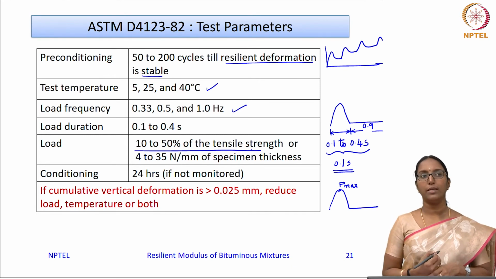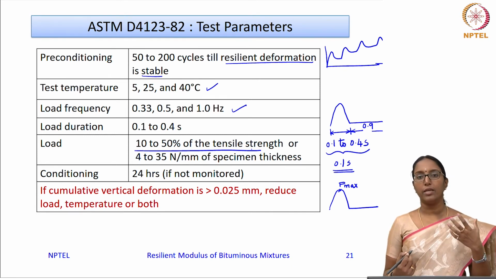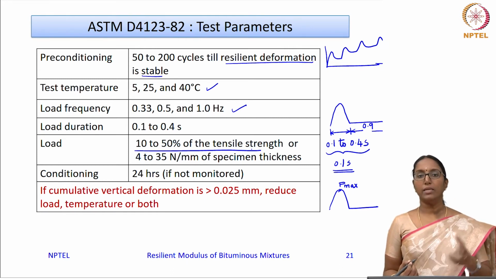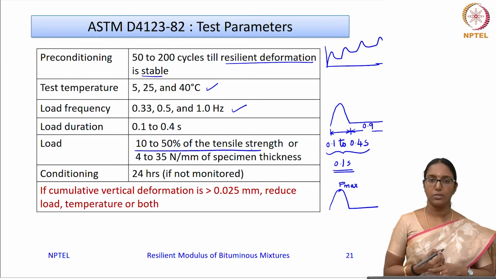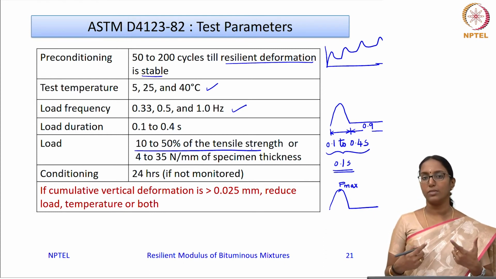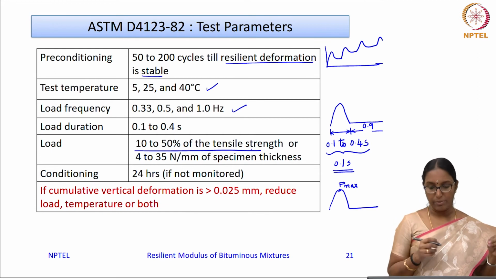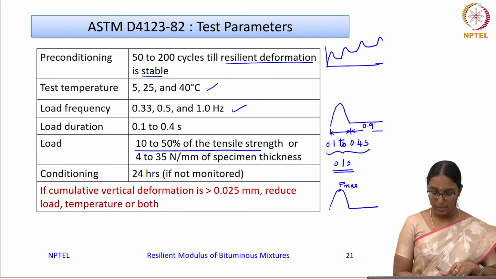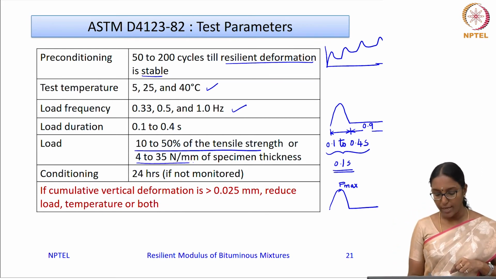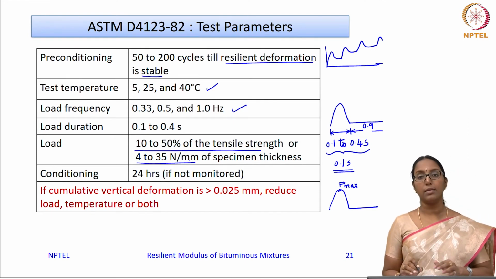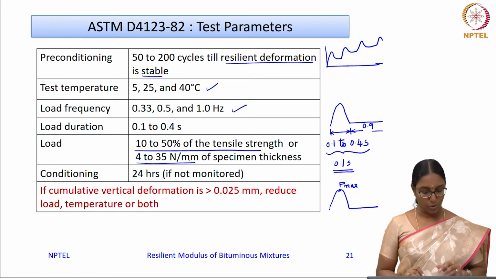So, what you have to do is that for the test condition, say for the particular temperature and frequency of testing, for the particular mix that you are looking at, you have to cast specimen and test it for the indirect tensile strength and find out how much is the indirect tensile strength, the maximum load in the test, and then 10 to 50% of that can be applied as the maximum load in this test. Or you should go for say 4 to 35 Newton per millimeter of the specimen thickness is the maximum load that you can apply. That is what is specified.